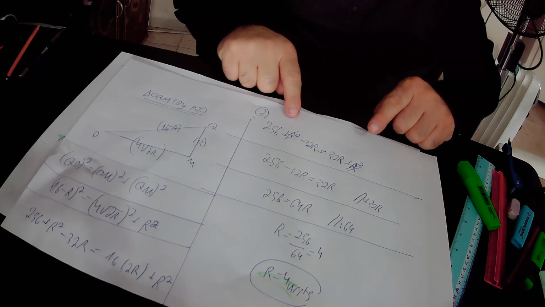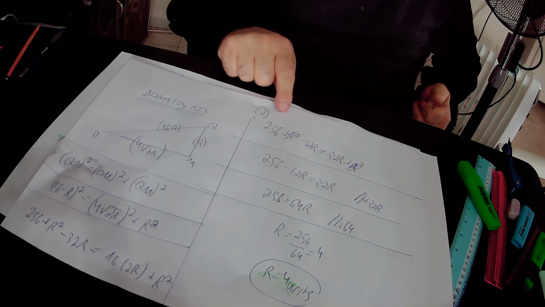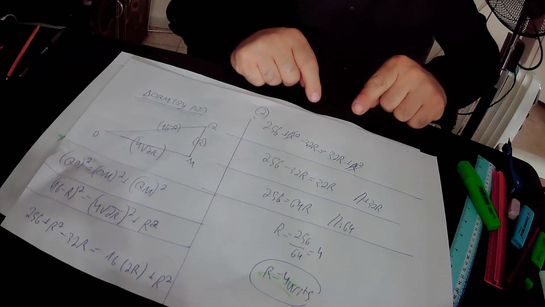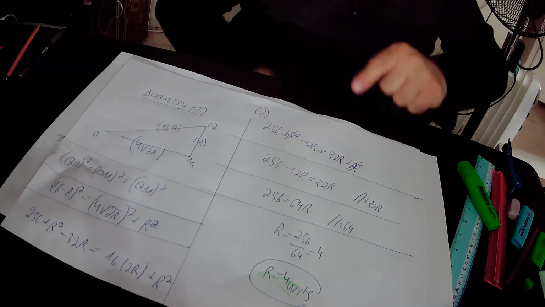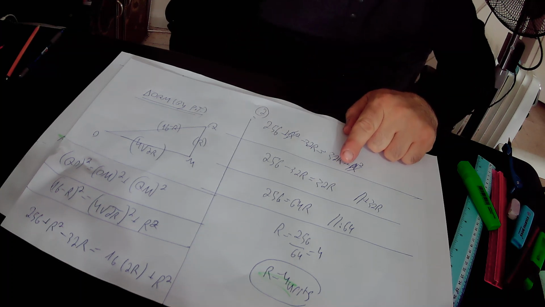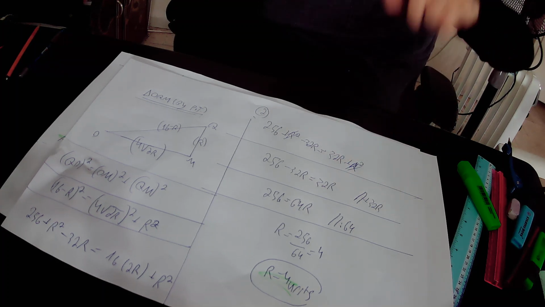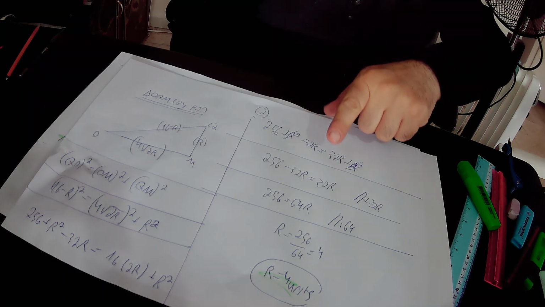Here we have R squared on both sides of the equation, so R squared gets cancelled. After cancelling R squared, one side is left with 256 minus 32R, and the other side with 32R. So 256 minus 32R equals 32R. Here we add 32R to both sides, and find that 256 equals 32R plus 32R, that is 64R. 256 equals 64R.